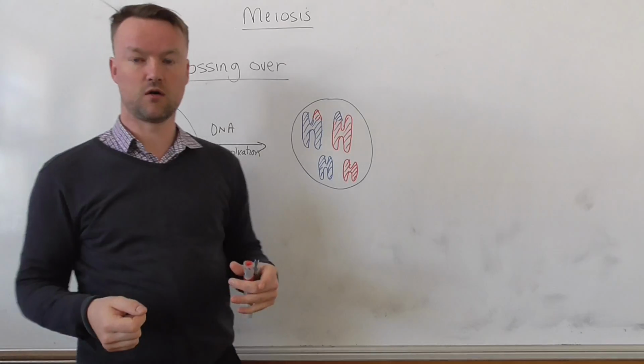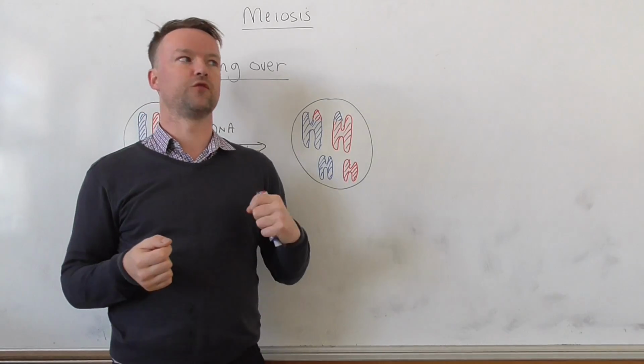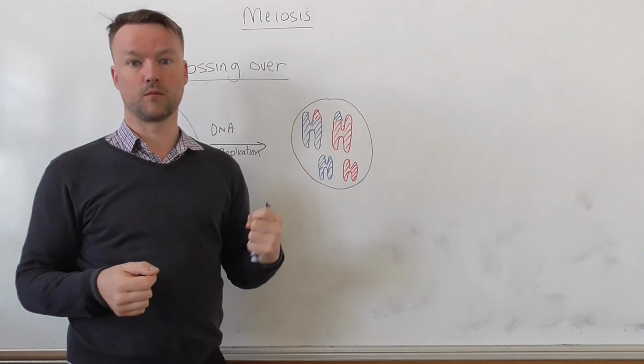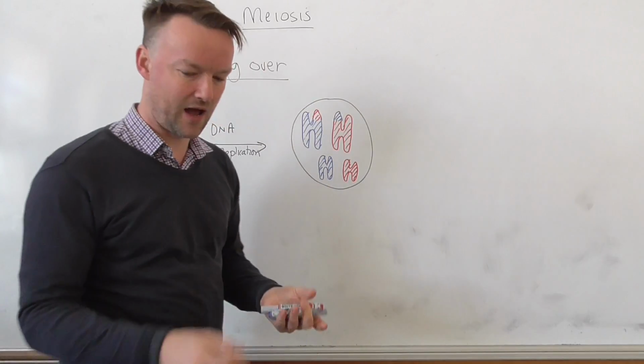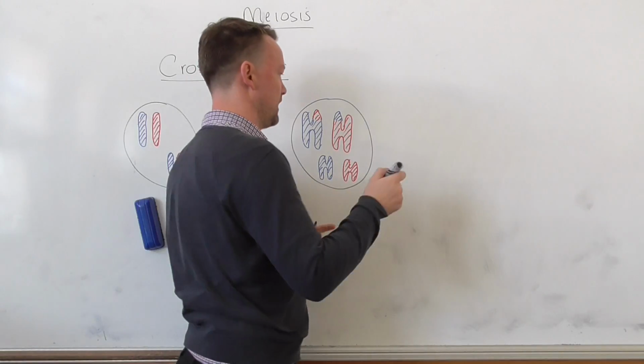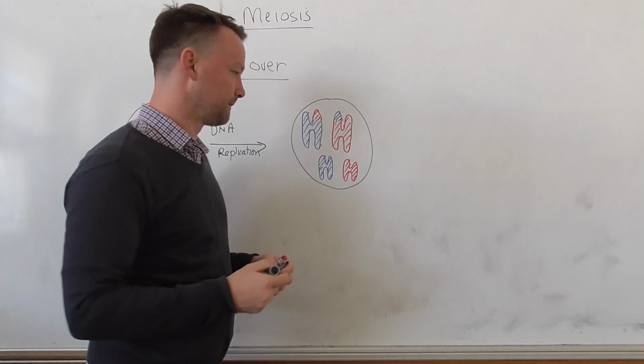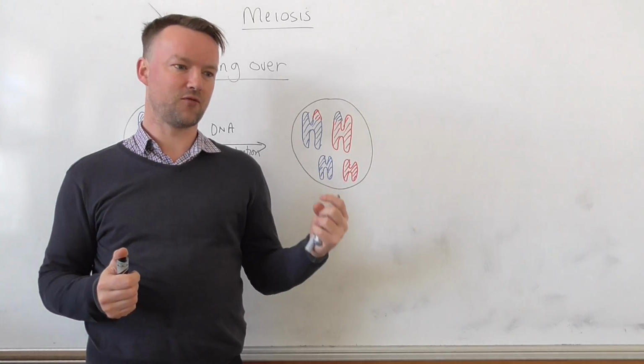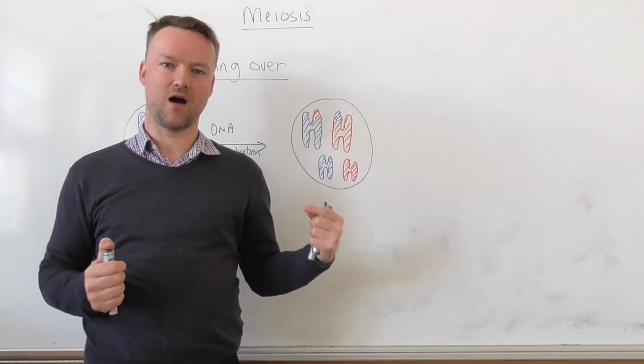And that's crossing over. Really important for creating genetic variation, because once this divides, each gamete will contain a different combination of alleles.